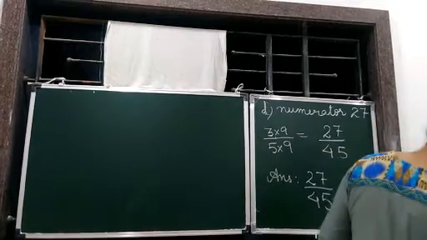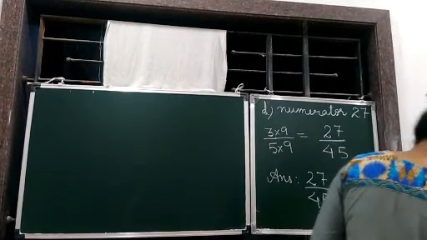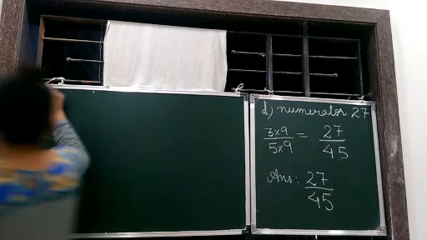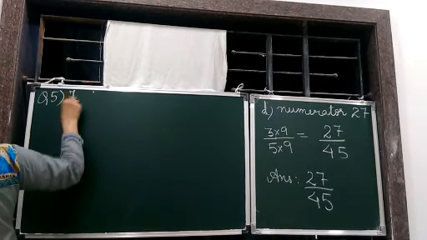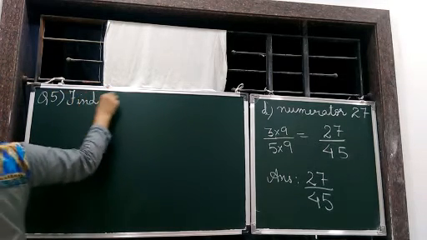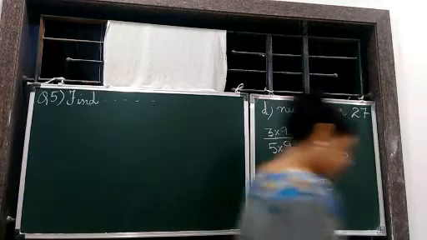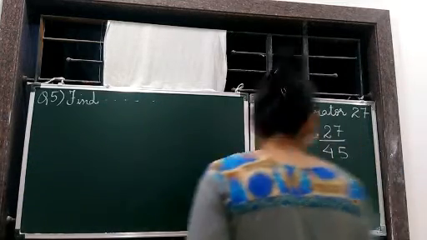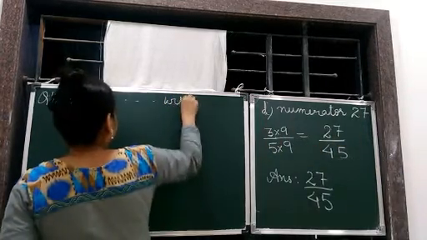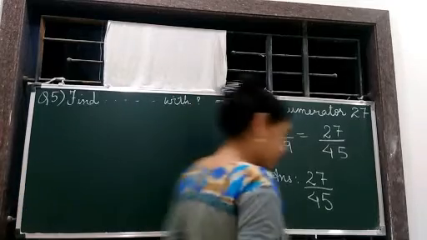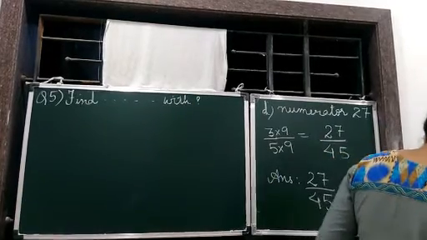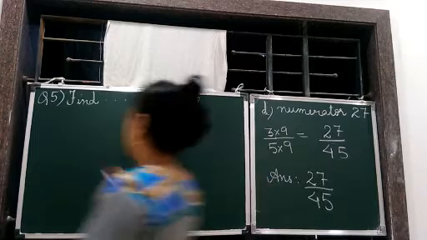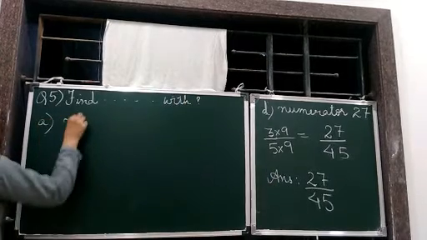Question number 5 is find the equivalent fraction. Again the same. Same type of question. You have to find an equivalent fraction for 36 by 48 with numerator 9.